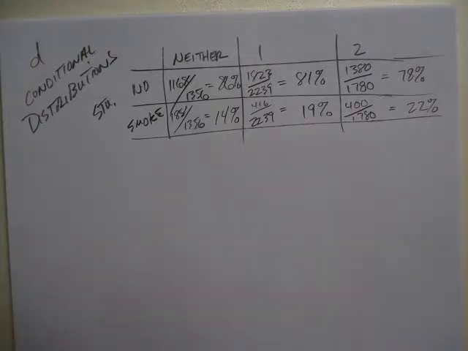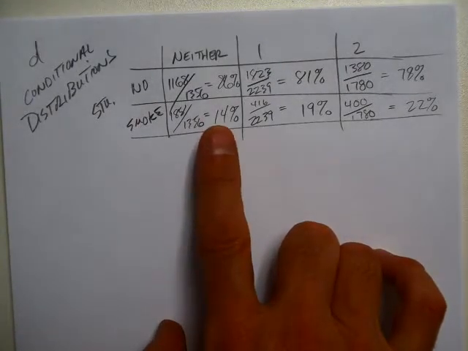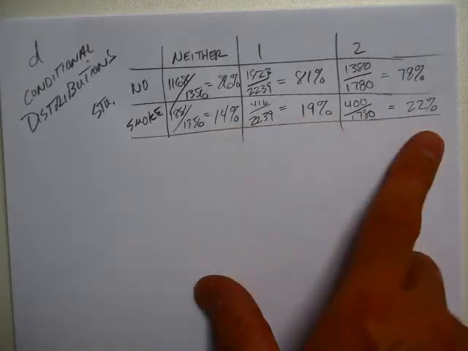So the next part of this is we want to make a conclusion about the numbers that we see here. What I'm seeing is that whether the parent smokes or not does seem to have some impact on whether their child smokes or not.